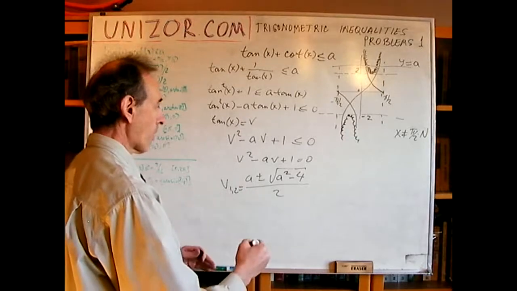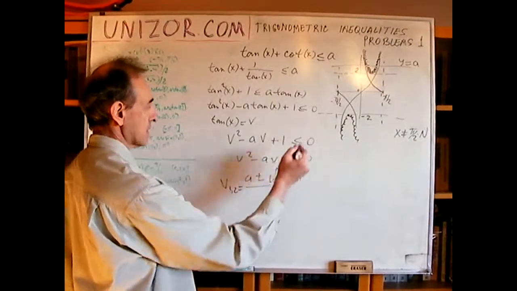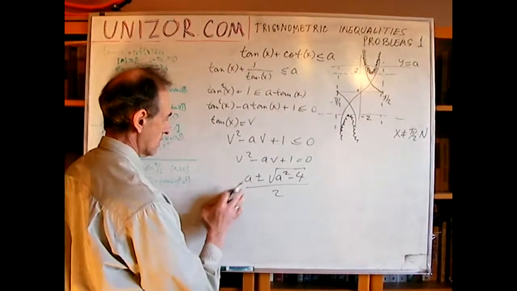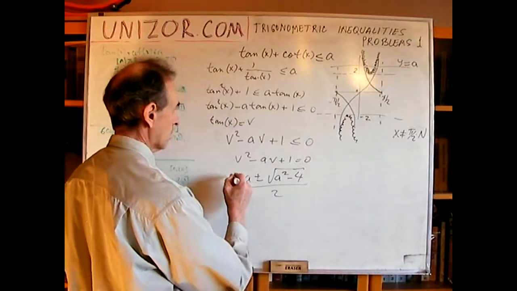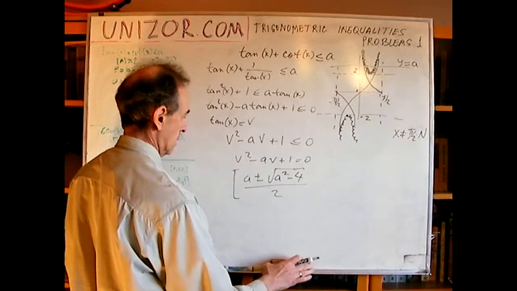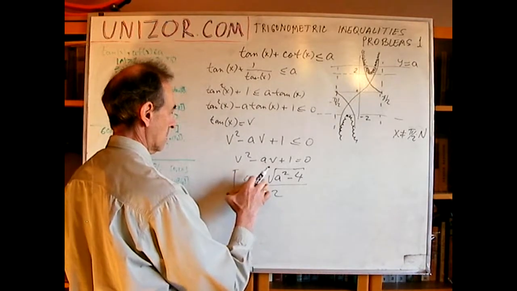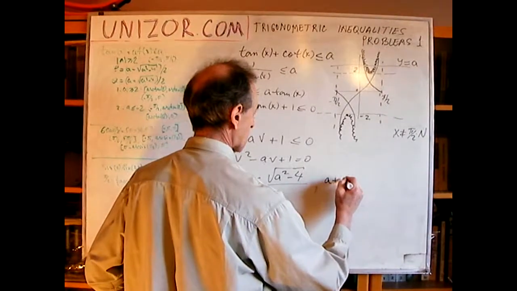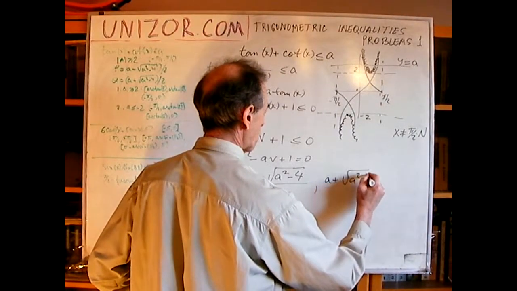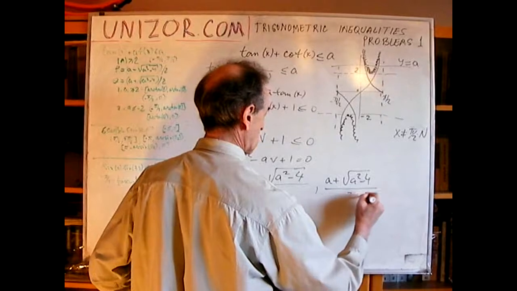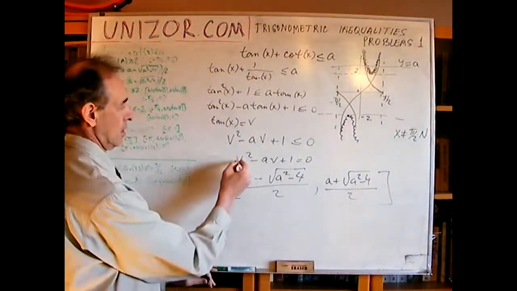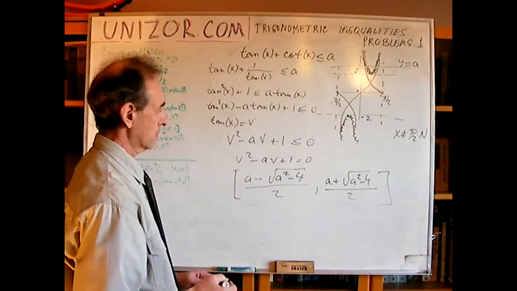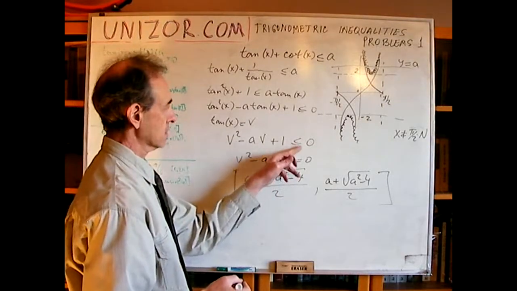And our condition when it's less than or equal to 0 actually means from that with a minus to that with a plus. So in between these 2 values, my quadratic polynomial is less than 0, right?